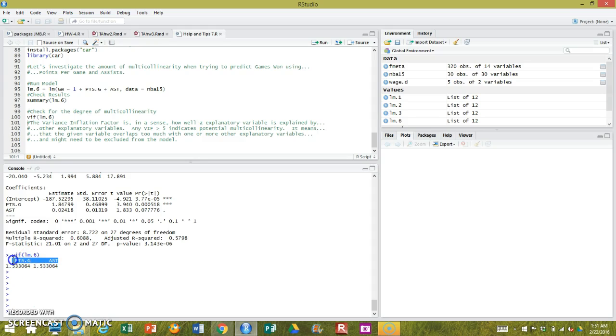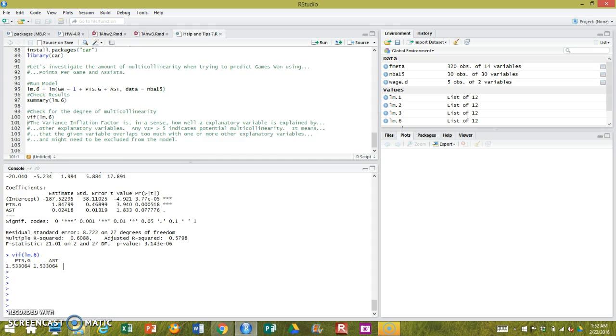So because of the overlap between points per game and assists, the variance on assists is going to be about 1.5 times higher than it should be if it were in on its own. And the points per game, theoretically, its variance is going to be 1.5 times larger than it should be if it were just in on its own due to this collinearity.